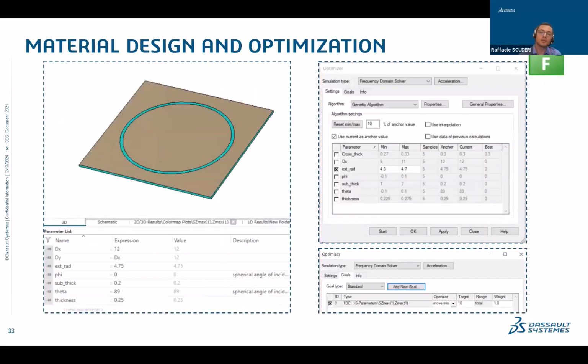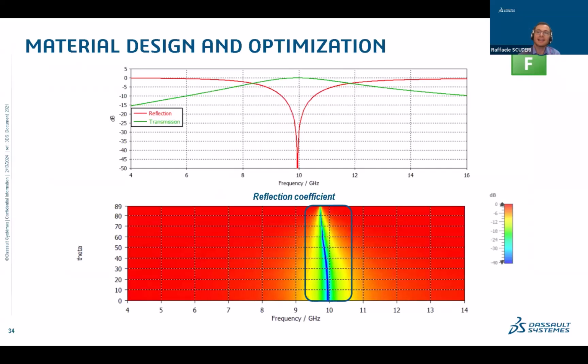In particular, I want to show you here the workflow on this frequency selective surface, which has been optimized at 10 gigahertz using a genetic algorithm. As any optimization algorithm, it's an iterative process. And after a few iterations here, I got the convergence and I optimized this material to be pretty transparent at 10 gigahertz and to be pretty reflective out of band. You can see that from the 1D curves on the top and the 2D plot on the bottom.